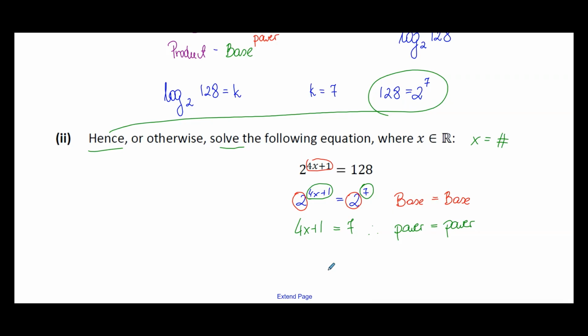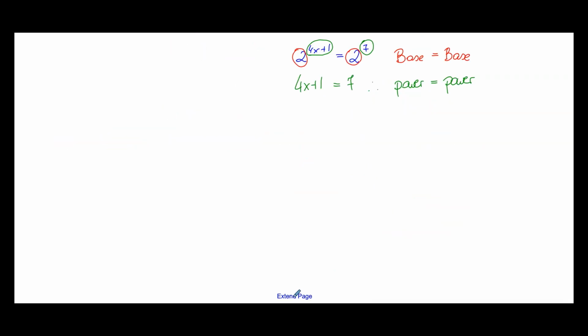And then we solve that. How do we solve that? We want the value of x, and we have 4 here and 1. They have to go. First, it's easiest to move the number to the other side. So 4x remains, and 7 we have on the other side. We take 1 and move it to the other side of the equation, and it changes the sign to the opposite.